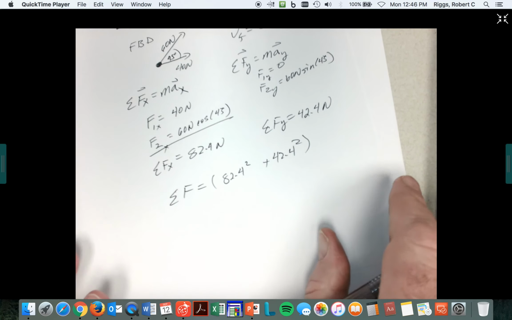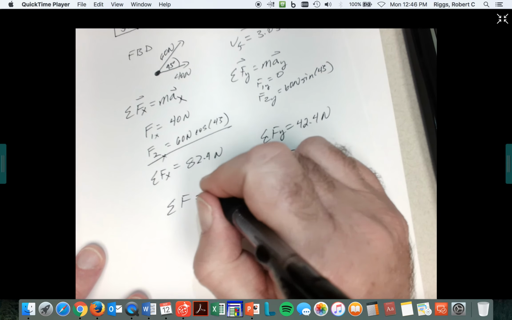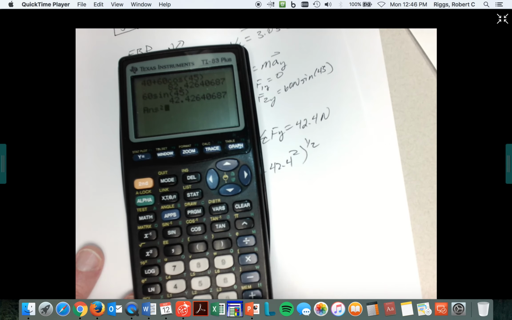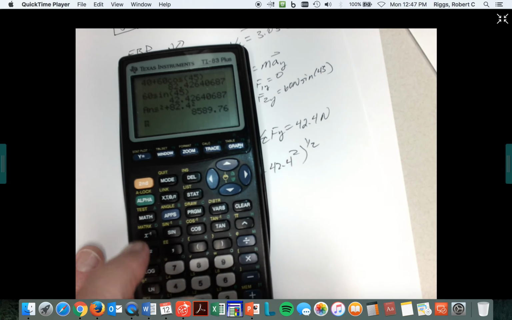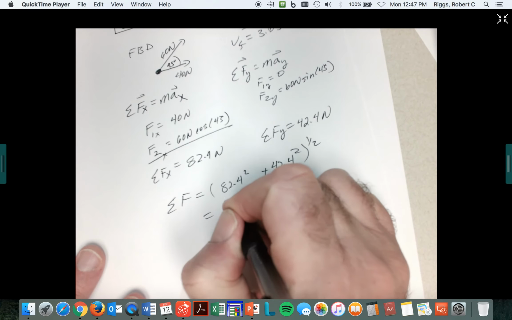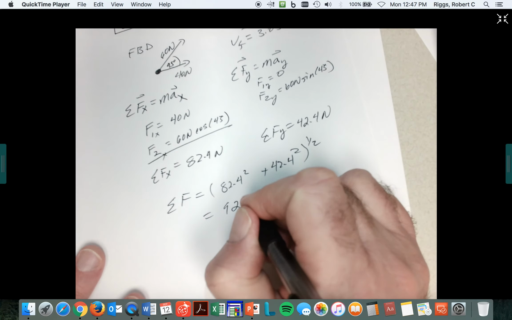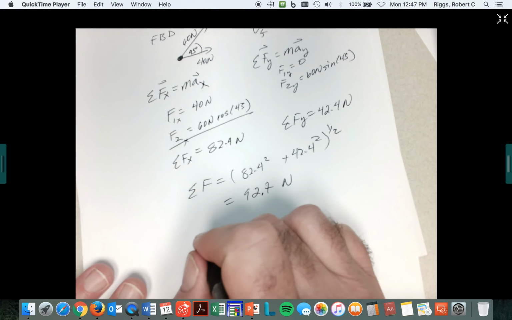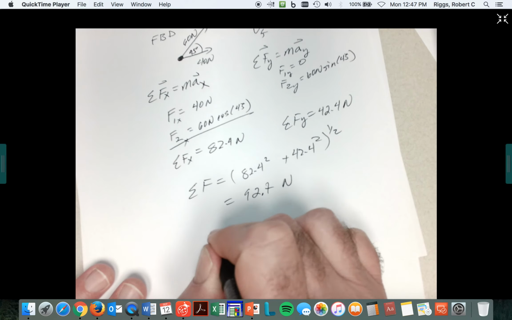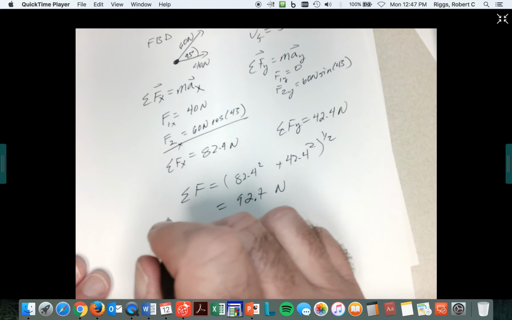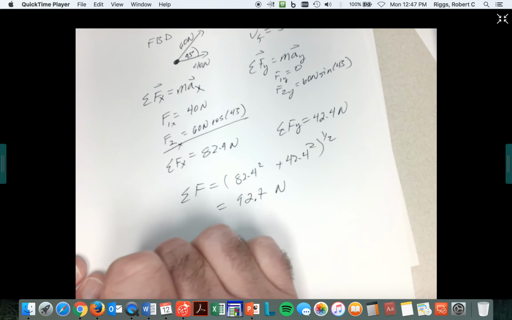That's about 92.7 newtons. All right, so the acceleration on this object, since it's 3 kilograms, would be going in a direction like this.